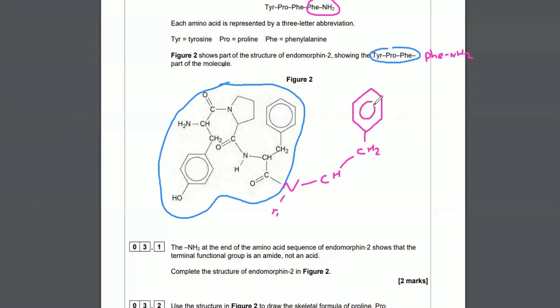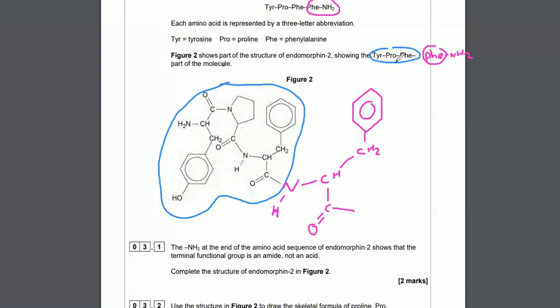There's the benzene ring. What else have we got to do? I've got to come back down here and draw that. We need the carboxylic acid group. That's supposed to be an H. Right, we're almost done. Now, that is the PHE. We've just done a repeat of this amino acid here. So we've definitely done the PHE.